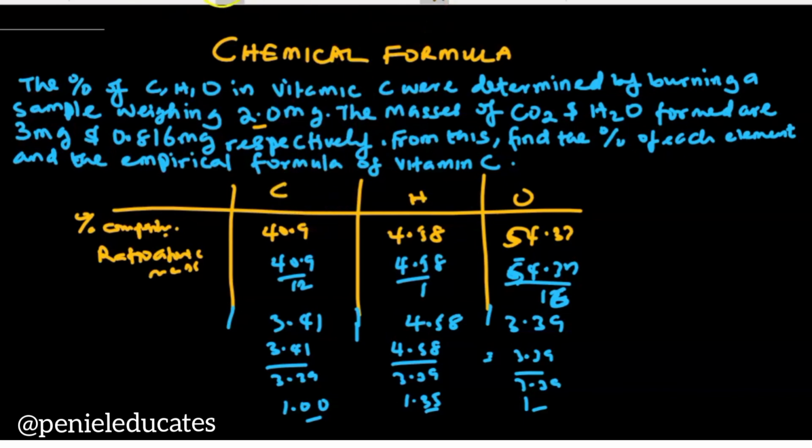Hydrogen would have given you about 1, so this is 1, this one was also 1, and this also is 1. So our empirical formula is CHO, and that is our answer.